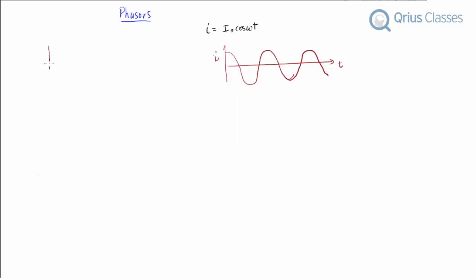Let's see, if we have a coordinate system, we are not labeling our coordinates, we're just trying to understand what phasors are.